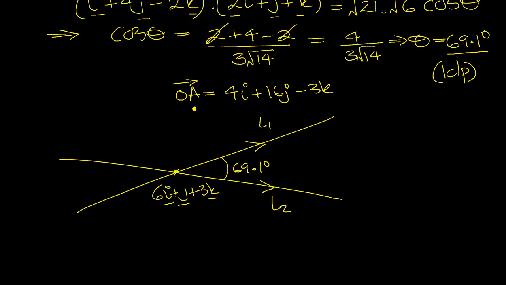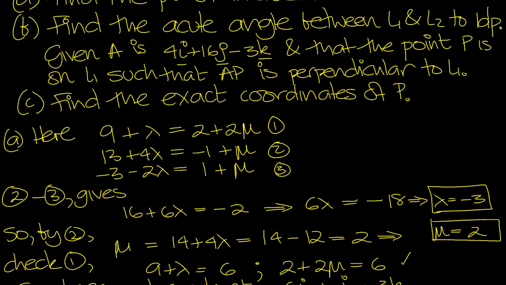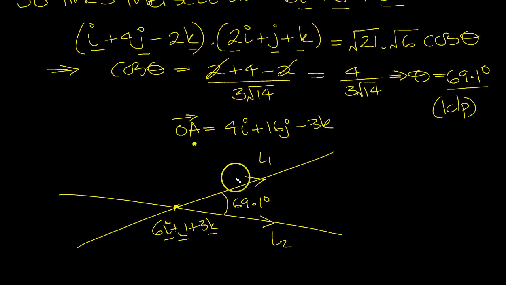And we know the point P is on L1 such that AP is perpendicular to L1. So AP, which is a point on L1, so this is point P.